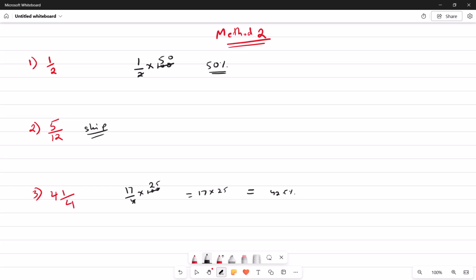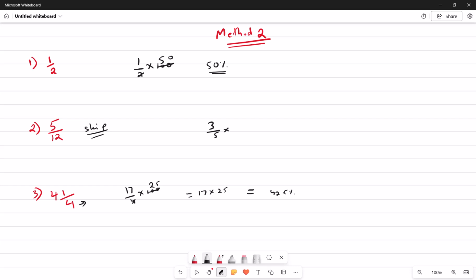So method 2 is really helpful if the denominator, which is this number, can be multiplied with another number to get 100. So it's not really helpful if you have a number like 5 out of 12 where the denominator you can't multiply a number to get 100. But let's say if you have 3 out of 5, we know we can multiply 5 with 20 to get 100, so let's convert this to a percentage.